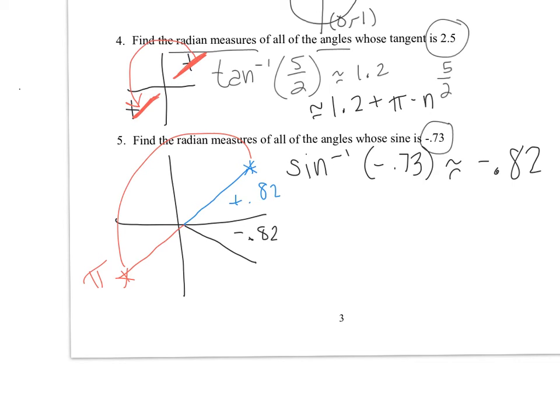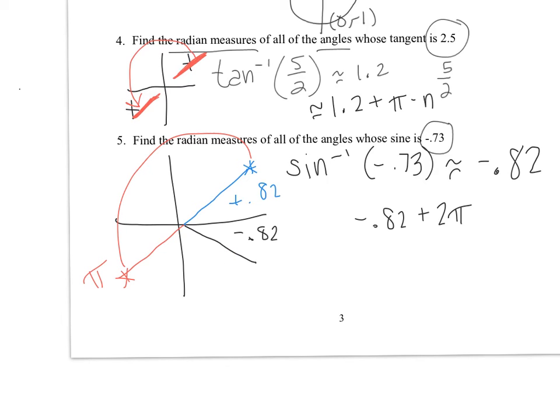So I was at the negative part, but I reflected across the x-axis to get to the positive part. And then I'm going to add pi in order to get over here. So one of my answers can be found by doing negative 0.82 plus 2 pi. Start right here at negative 0.82 radians and add 2 pi, and add 2 pi, and add 2 pi. Keep going.